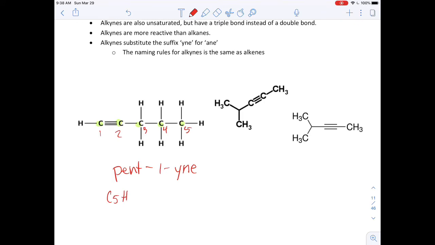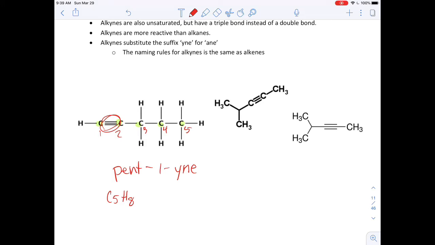H would be 2 times 5, so 10 plus 2 if it was an alkane. It'd be 5 times 2 if it was an alkene, but this is actually costing another 2 hydrogens because it's a triple bond. So this is going to be C5H8 because 2 times 5 is 10, minus 2 is another 8.